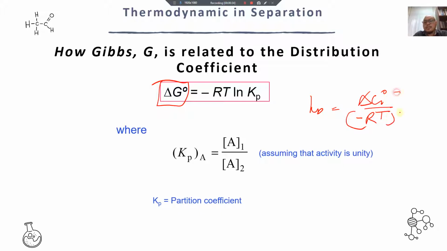Then you shift ln, shift ln dia apa dalam calculator, tak ingat lah, check sekejap, use my calculator. Okay, shift ln adalah e. Okay, then you dapat Kp lah.